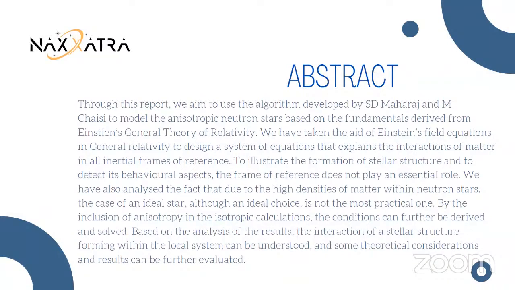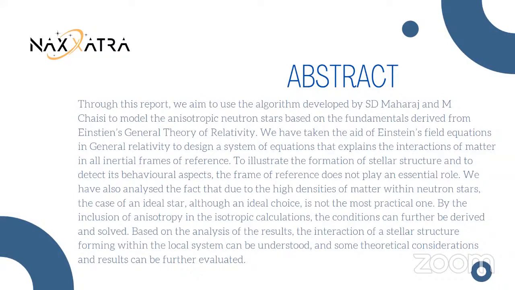To illustrate the formation of the stellar structure and detect the behavioral aspects, we found that the frame of reference does not play any essential role, and it is only a mathematical structure that can be chosen as per the requirement of the person.